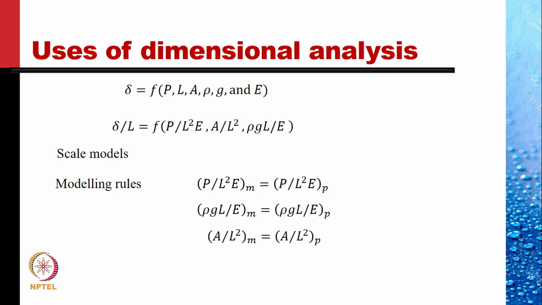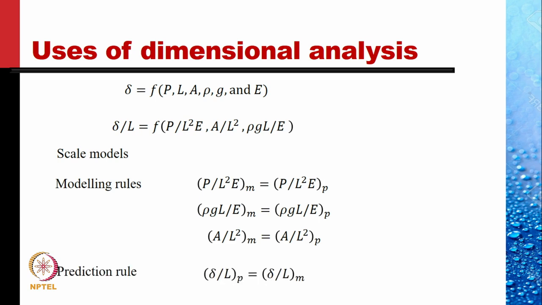This is an easier order than matching all the 6 quantities independently, because then it will not be a model at all, it will be the prototype itself. So the reduction in the number of parameters that are required to be matched results in substantial convenience to the researcher.